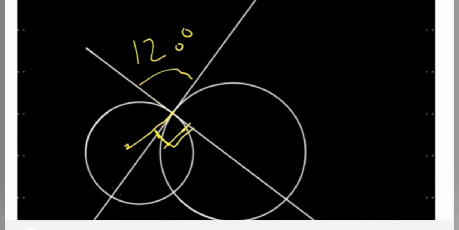So this should make 90 degrees over here, right? Because this is a line tangent to the circle and the radius, so it is 90 degrees. But this doesn't make any sense. Why? Because this is 120 degrees. So why is it wrong? Well, because the center is not here.